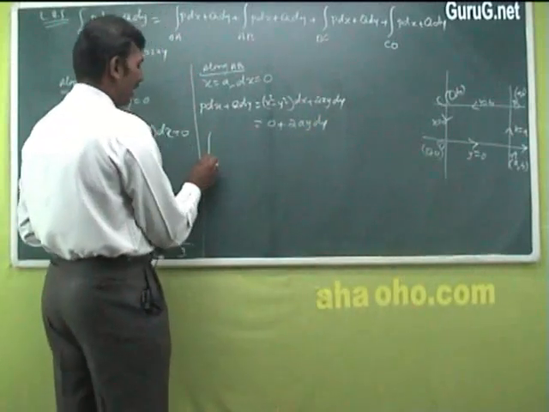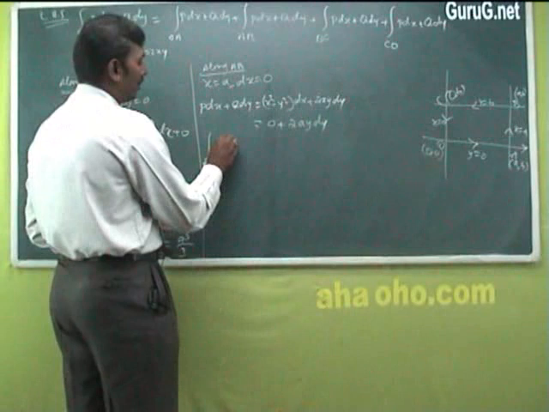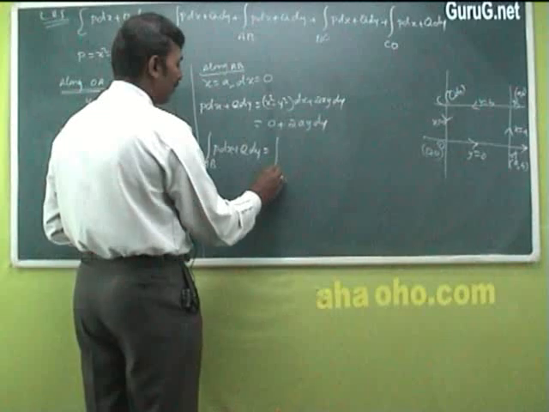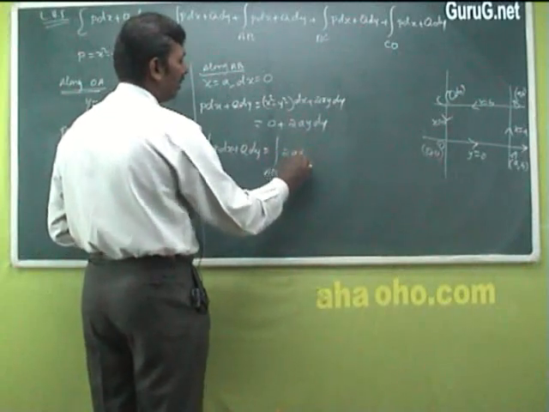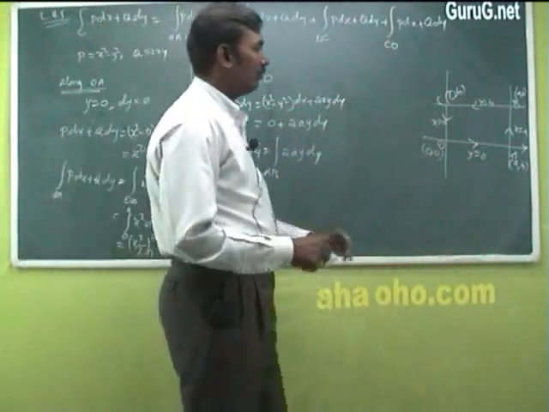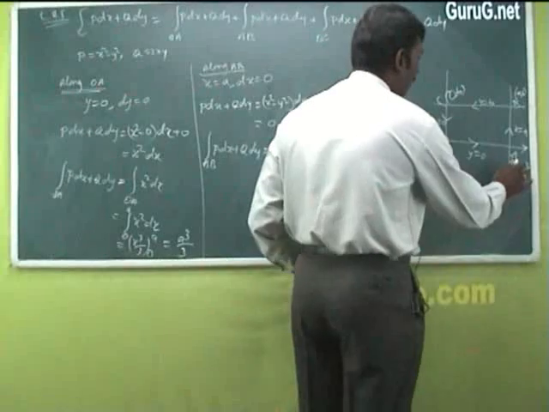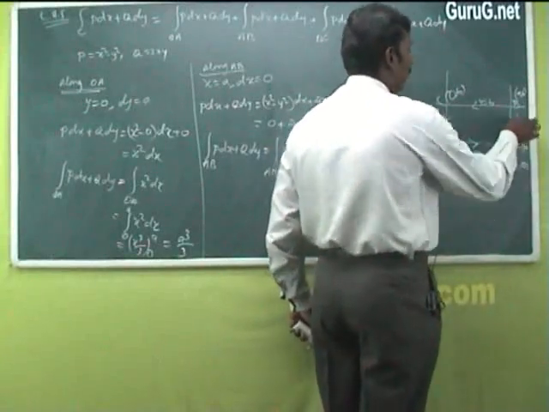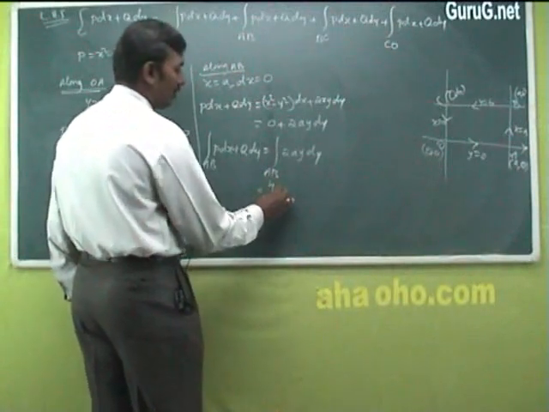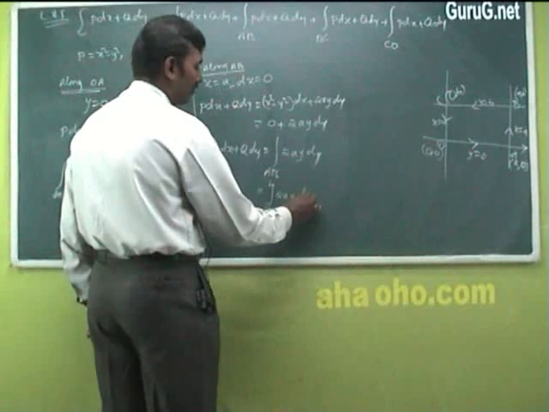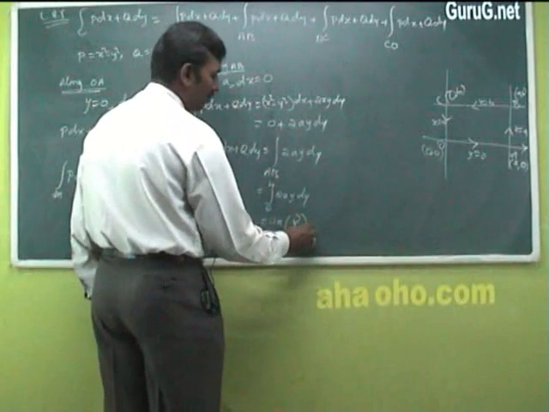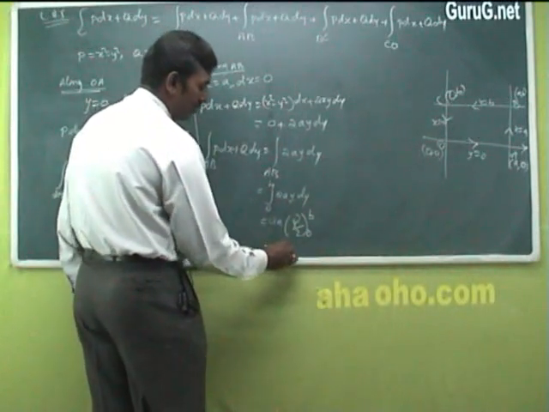So integral over AB p dx plus q dy equals integral over AB 2ay dy. Here the variable is y, so in the line AB, y varies from 0 to b. So this is integral 0 to b 2ay dy. Integrate this, 2a into y squared by 2, 0 to b, so ab squared, right.